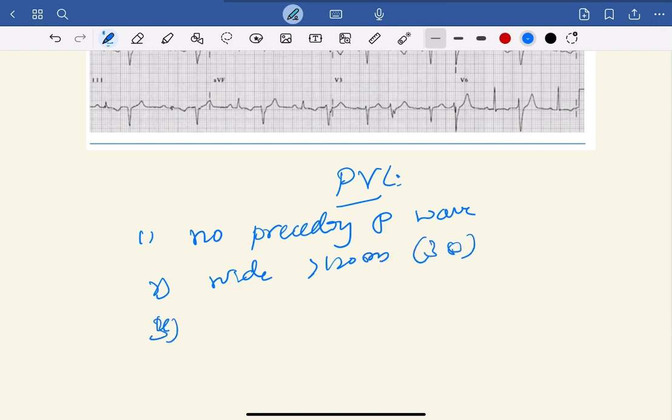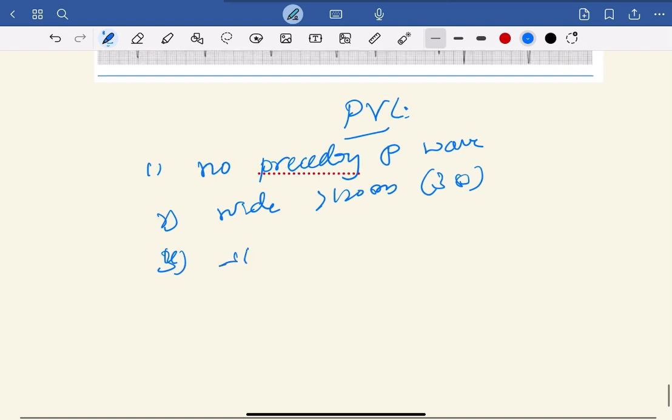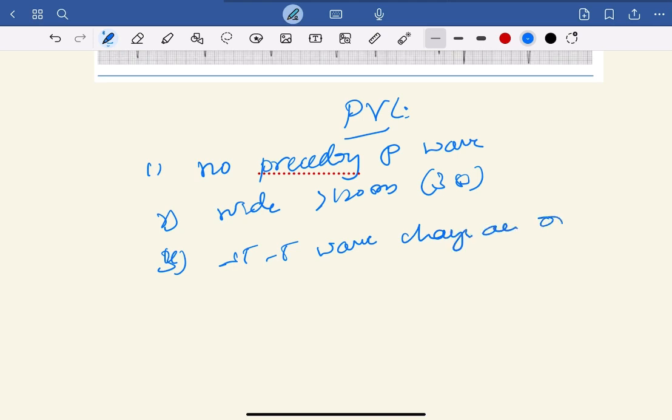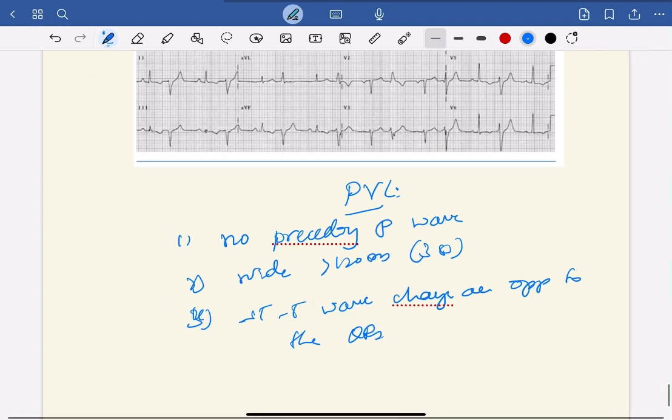Third one is ST and T wave changes. T wave changes are opposite to the QRS. So these are the criteria which, when satisfied, you will call premature ventricular complexes, or they are also called ventricular premature complexes or ventricular extrasystole.